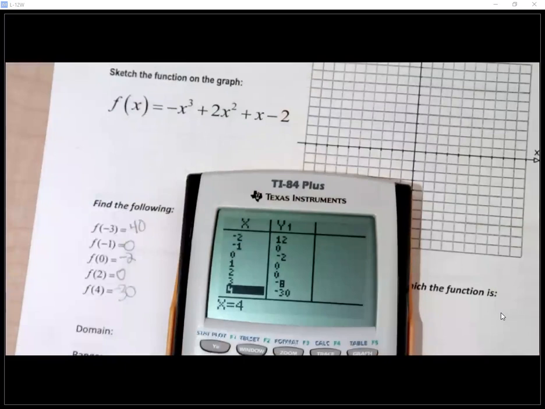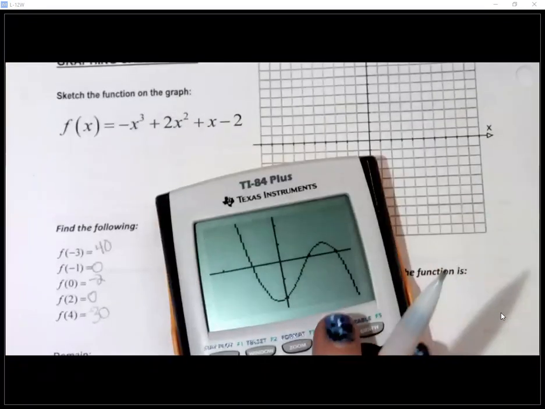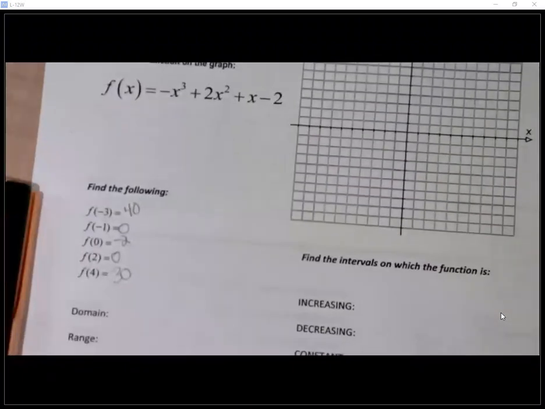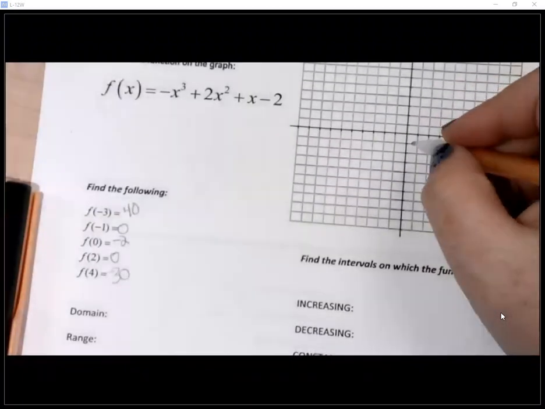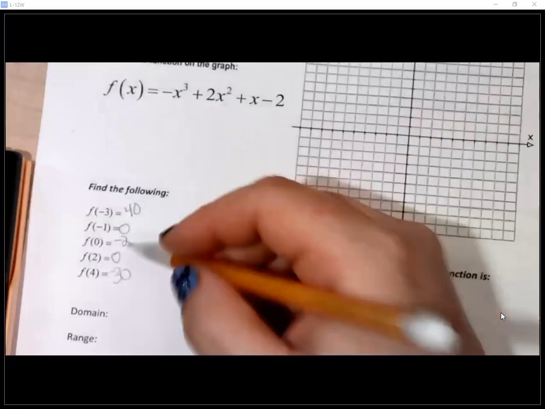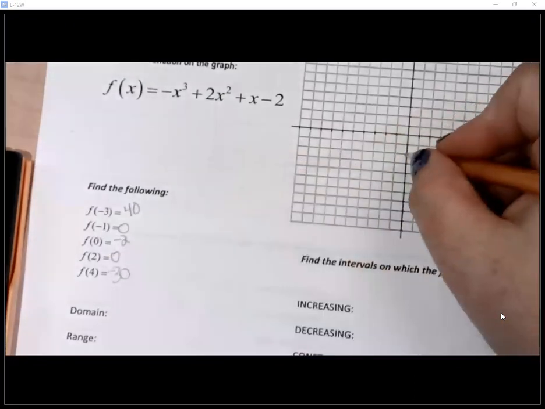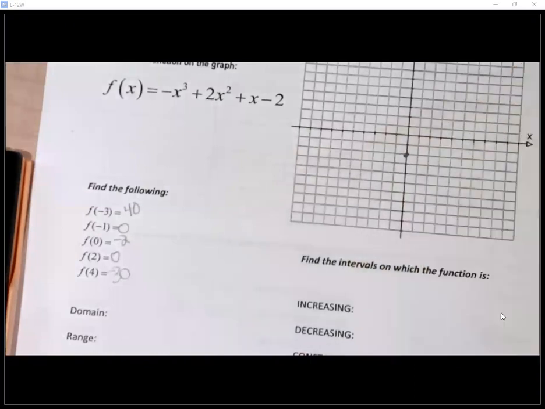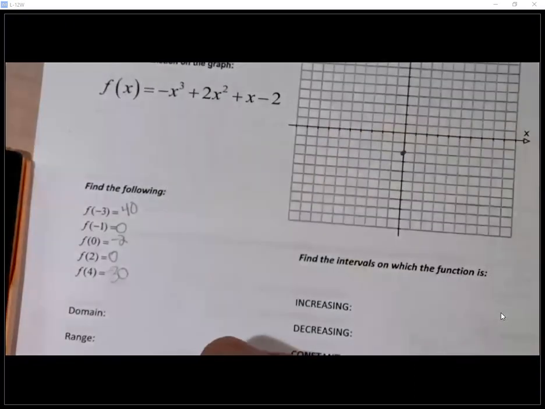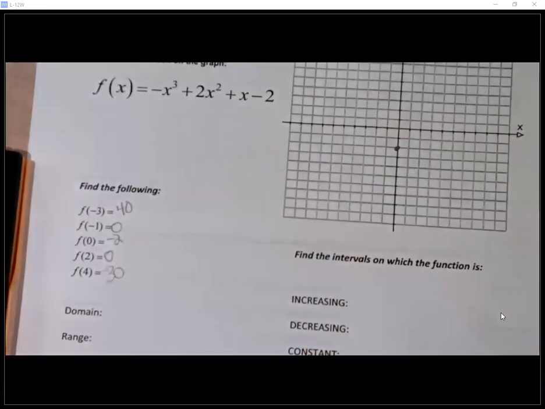I don't know if you realized. But let me go back to my graph here. I have my y-intercept: when x is 0, y is -2. So 0, -2, that's my y-intercept. Cool. I also know one of the x-intercepts.